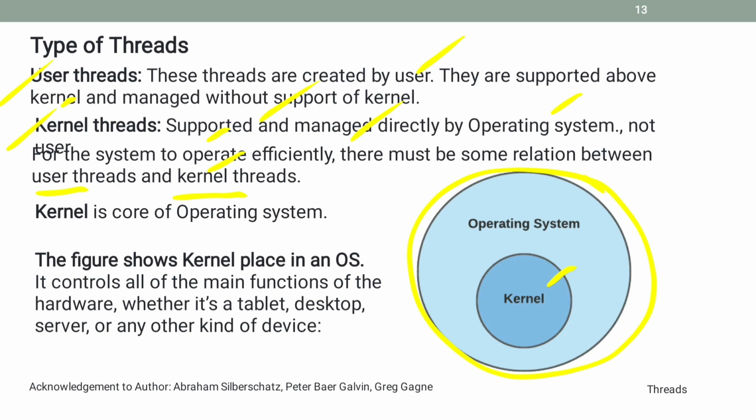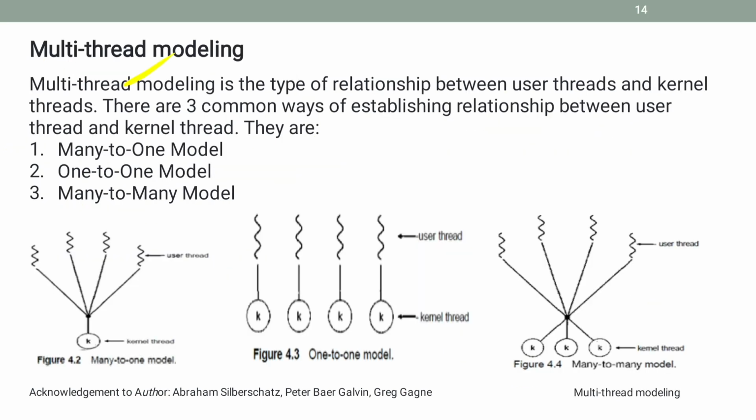How to establish the relationship, and what the different types are, is called multi-thread modeling. So multi-thread modeling is the type of relationship between user threads and kernel threads. There are three common ways of establishing a relationship between user thread and kernel thread. They are the many-to-one model, one-to-one model and many-to-many model.